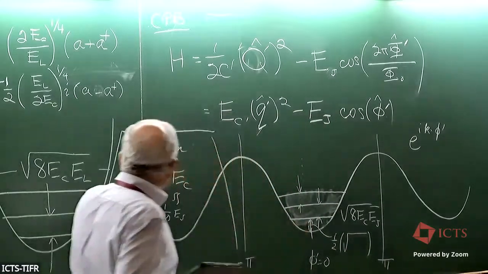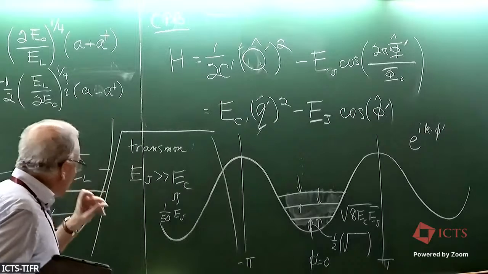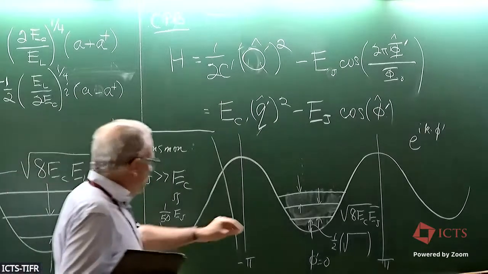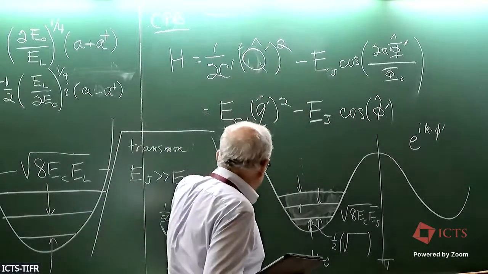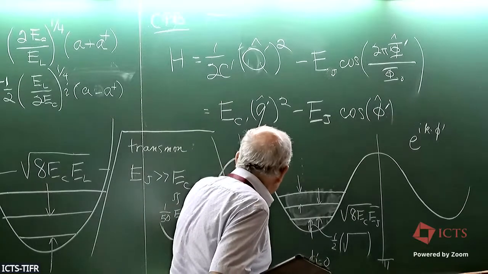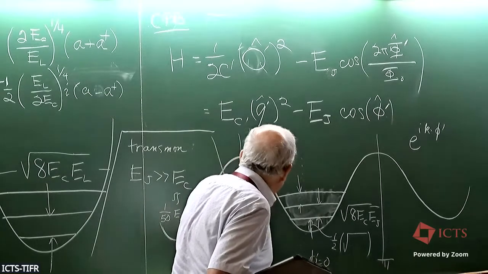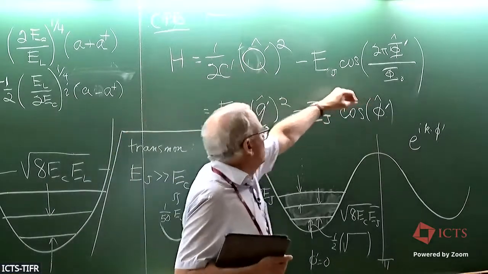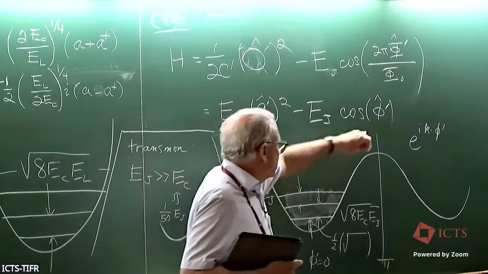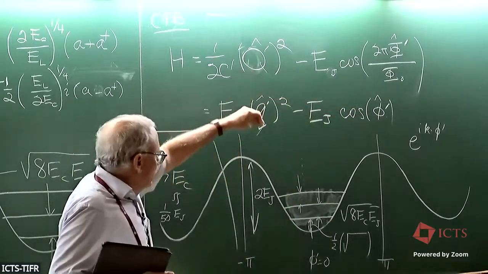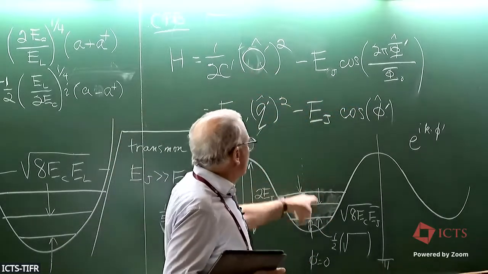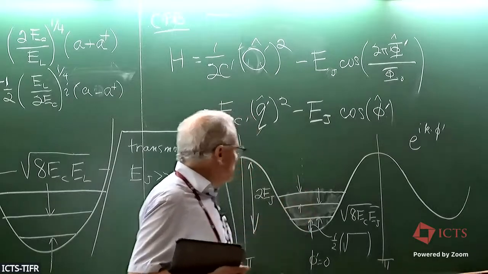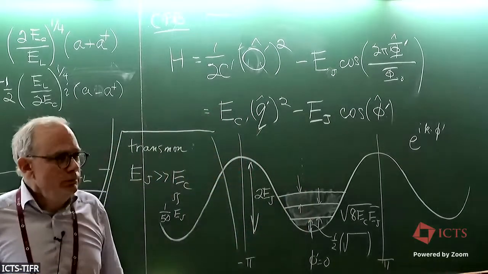Now, if you are not restricting this parameter range, EJ and EC, this could very well be larger than 2EJ. This scale is 2EJ. So if it's larger, it's fine. The 0-point energy can put it up here with respect to this potential. But then it's not true that this will look even approximately like a harmonic oscillator.